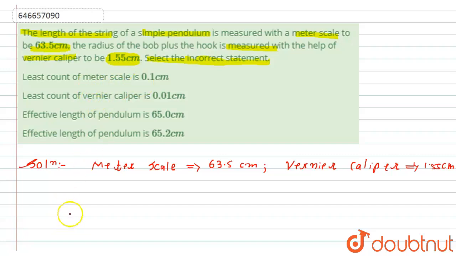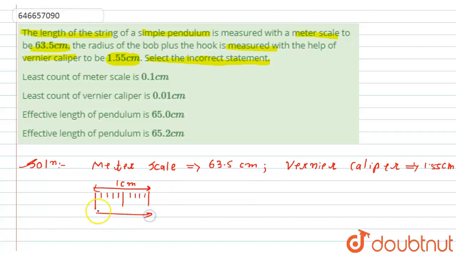So we know that if we talk about 1 centimeter in a meter scale, there are 10 divisions like this. In 1 centimeter of meter scale, there are a total of 10 divisions.